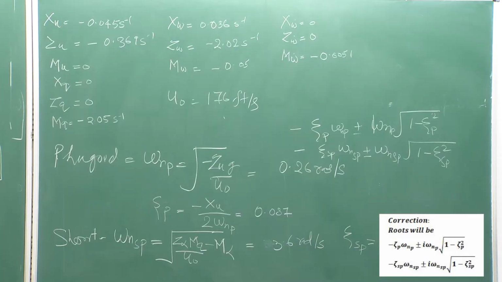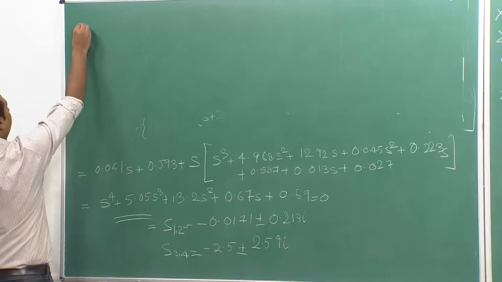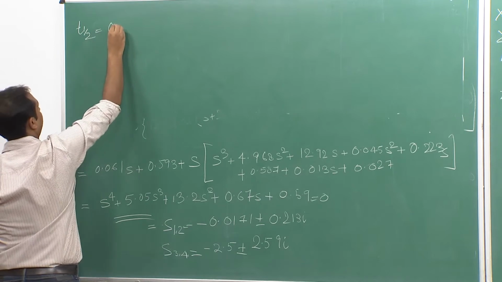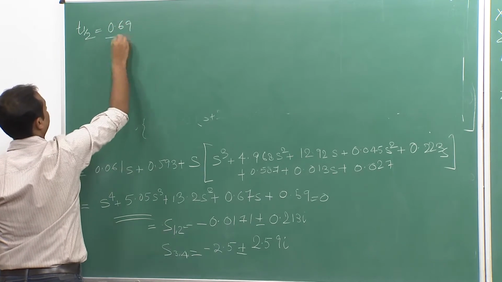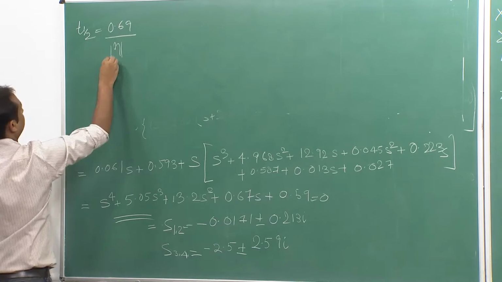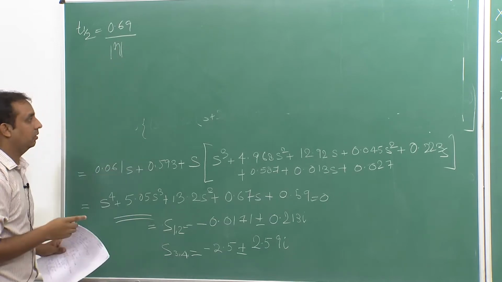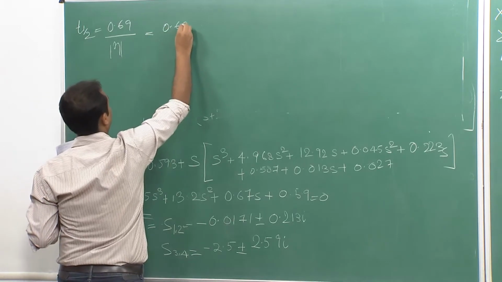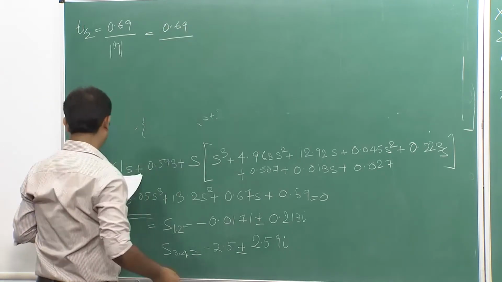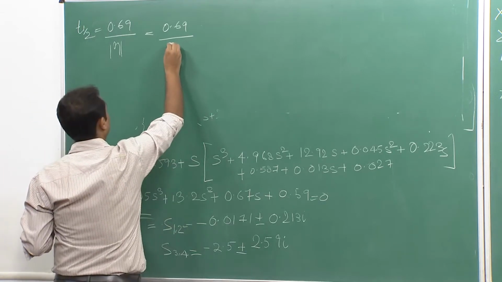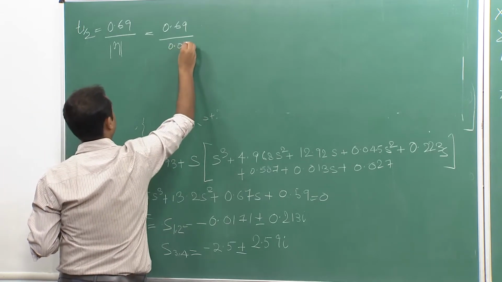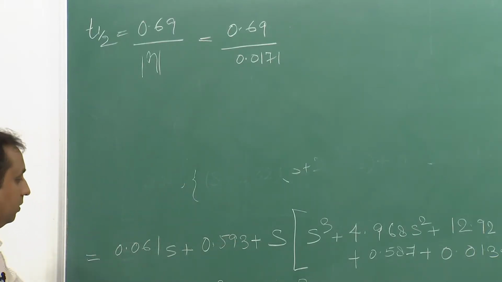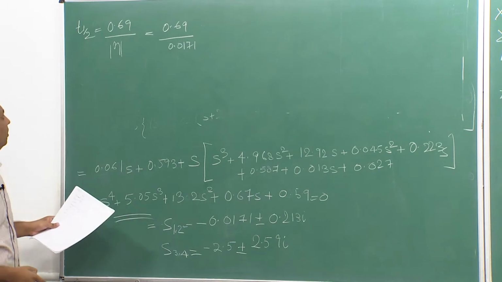Now, for phugoid mode, if you calculate the value of t half, which is given by 0.69 by eta, okay, where eta is the real part of that root, will calculate to 0.69 divided by 0.0171. This is for the roots which we got for characteristic equation. What will be the value of t half?